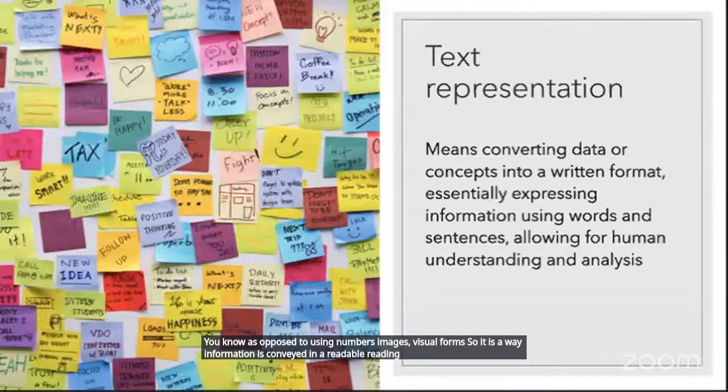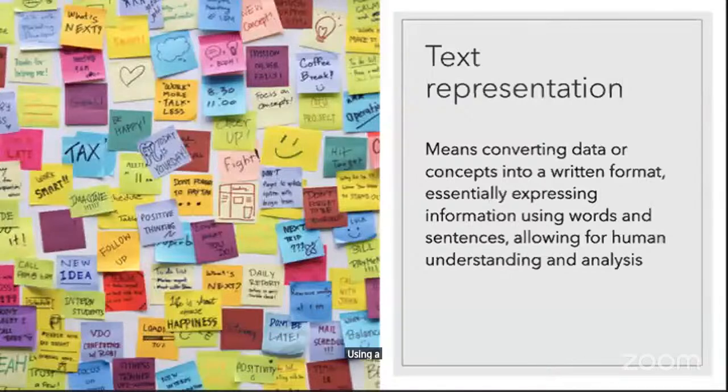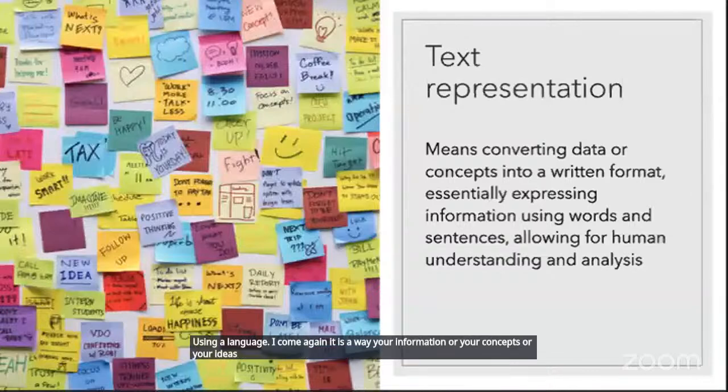It's text in a readable, understandable format using a language. I say again, it is a way your information or your concepts or your ideas are conveyed in a readable, understandable format using a language.